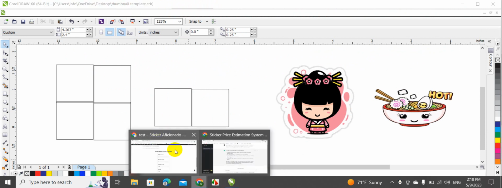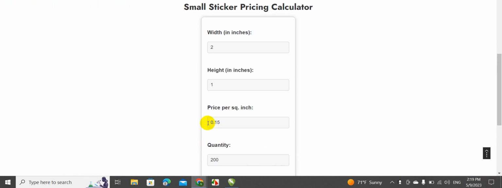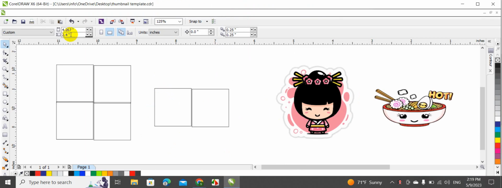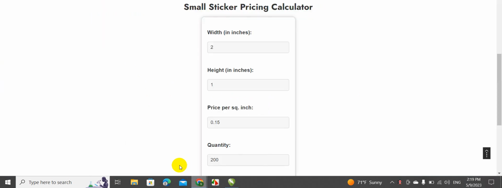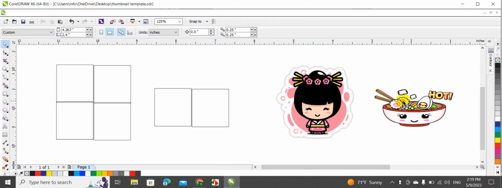They only want 200 stickers, and this is the same measurement as this one here: 2 inches length by 1 inch height. So you can see it here, 200 stickers, $72.76 for this sticker right here.